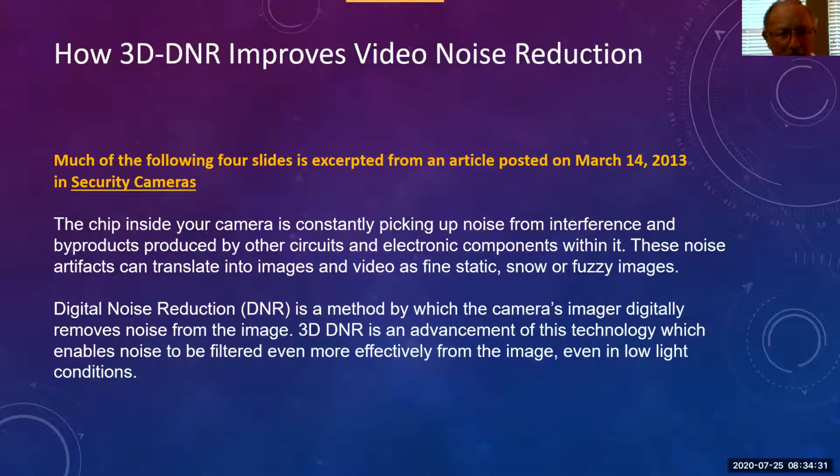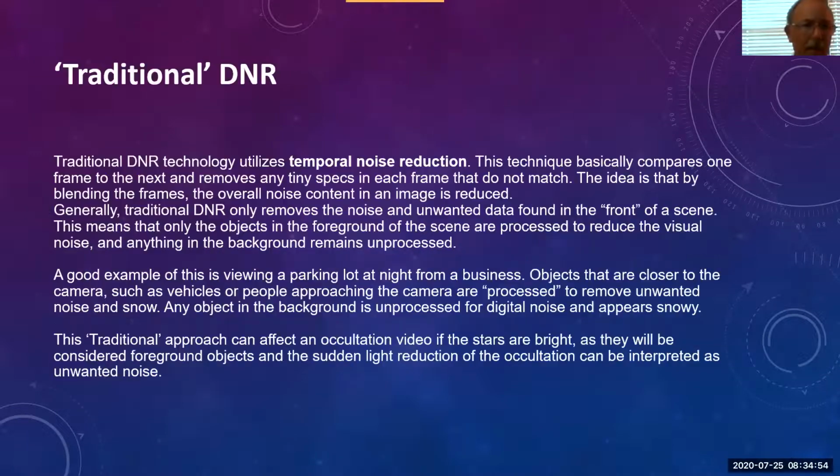And so they invented digital noise reduction, a method by which the camera's imager digitally removes noise from the image. And 3 DNR is an advancement of that technology and filters noise even more, and in low light conditions. So the traditional DNR uses temporal noise reduction. The technique basically compares one frame to the next and removes tiny specks in each frame that do not match up.